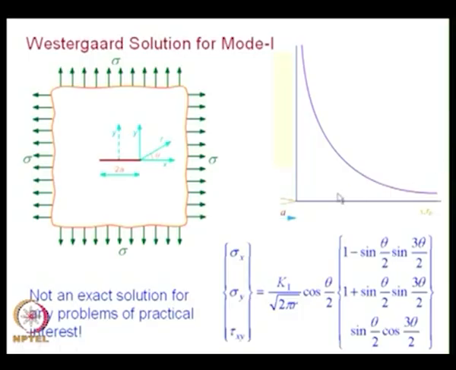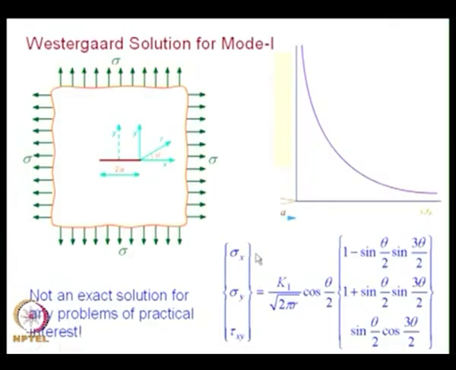See, what you will have to keep in mind is the solution what we have got is a singular solution, and this is valid in a close vicinity of the crack tip. You are only looking at the remote loading. The remote loading loses its significance as long as the crack faces open up.